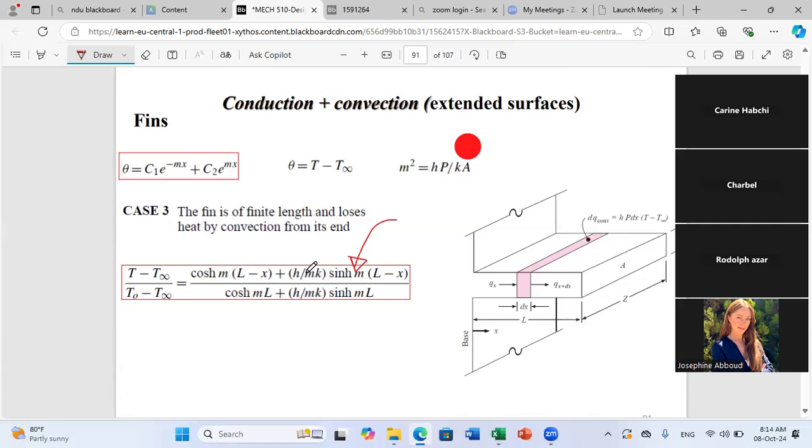If I want you to find the temperature profile, I will give you the formula. I will show you a table where, depending on the case, they give the temperature variation as a function of x. But you are responsible to know how to find C1 and C2 by applying the appropriate boundary conditions.